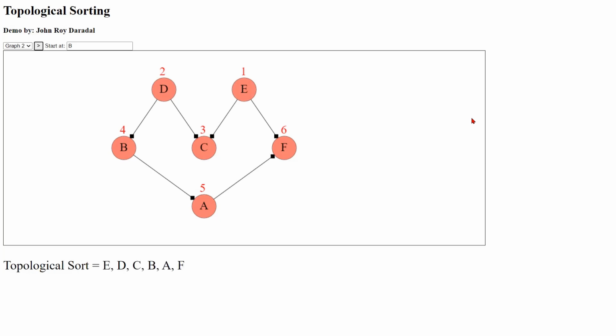So it's still the same result that we have. Okay, so yeah, that's topological sorting. It doesn't really matter where you start your DFS, it will still uncover the sink node when you reach a dead end.